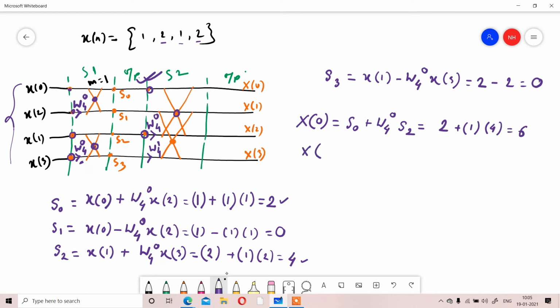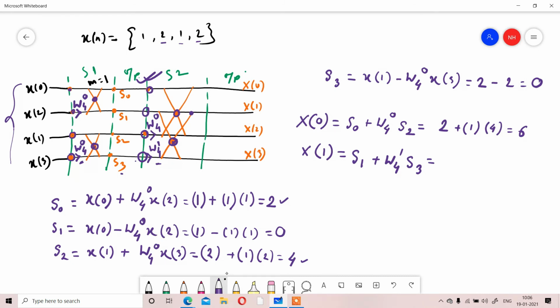Similarly X1 will be for this butterfly, and for this butterfly the inputs are S1 and S3, and X1 is the positive part of the butterfly, so X1 will be S1 plus W41 into S3.